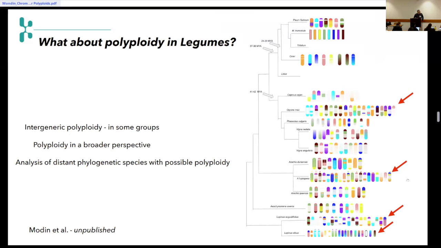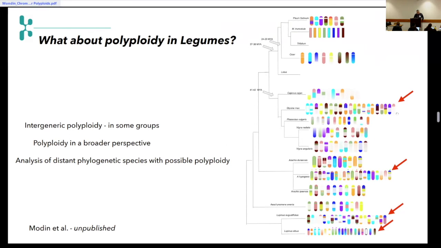And for this conference specifically, I would like to share with you some of these 4 cases, mainly analyzing the species most distant phylogenetically in relation to Medicago truncatula, an alfalfa species that has a very nice assembly of its genome.